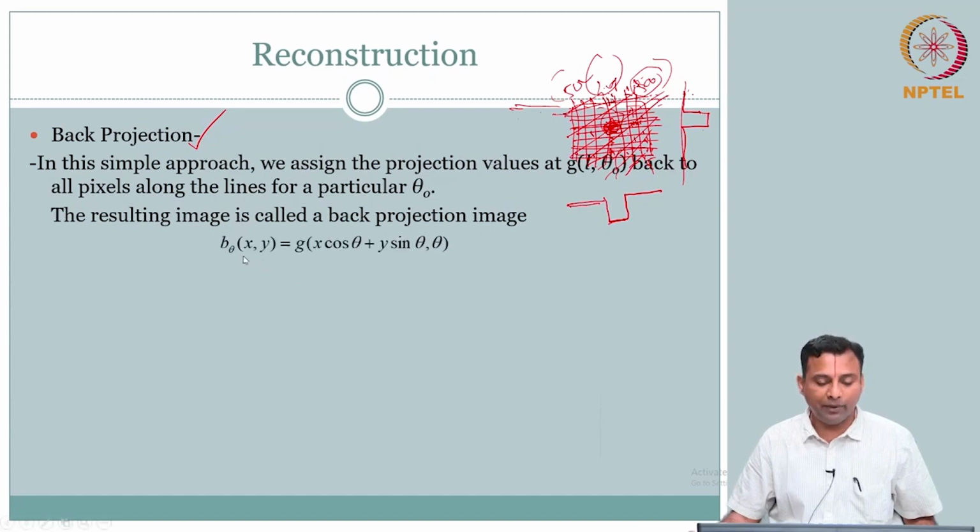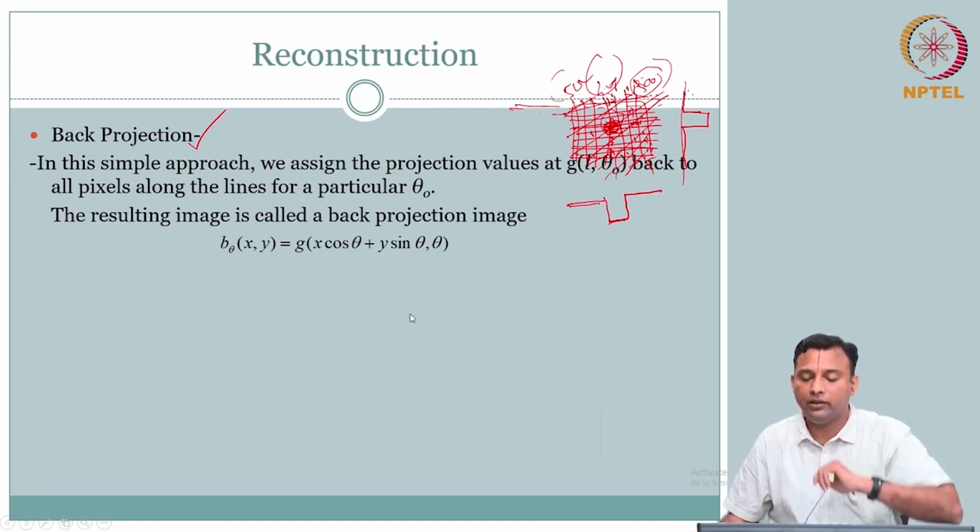So we will write it mathematically. Back projection at theta, from one theta value, of x comma y is nothing but the same projection that you have, g, right? You are projecting for that theta along that line, g of x cos theta plus y sin theta comma theta. So you have projected that back along.